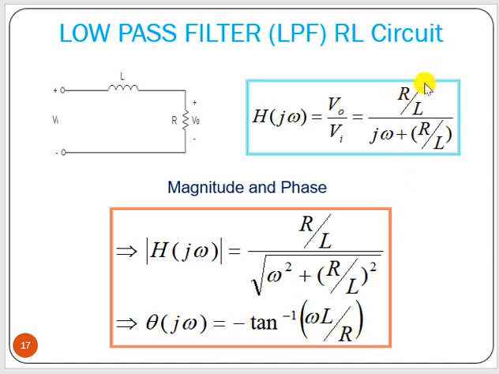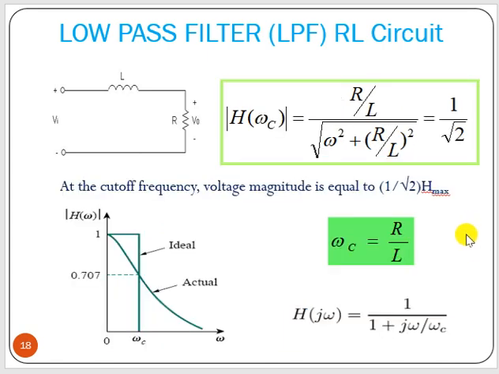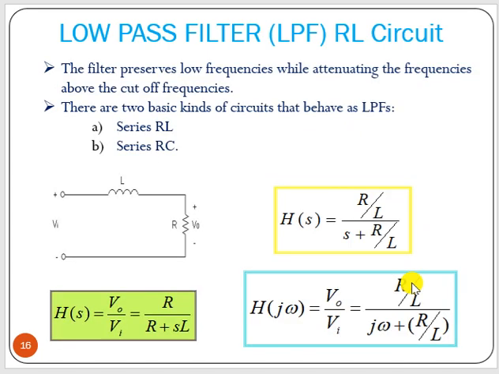Because the numerator is a real number, so that angle starts at 0, and this part goes up, so minus tan inverse of this. Now to find the cutoff frequency, the magnitude should be equal to 1 by root 2. If you solve it, you get omega c equal to R by L. So this is your cutoff frequency.